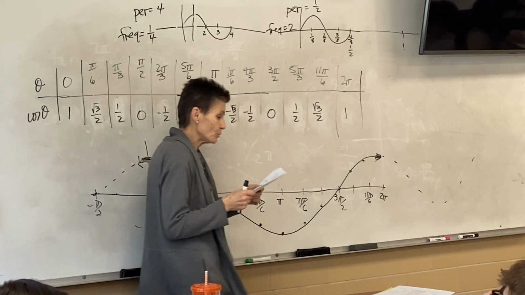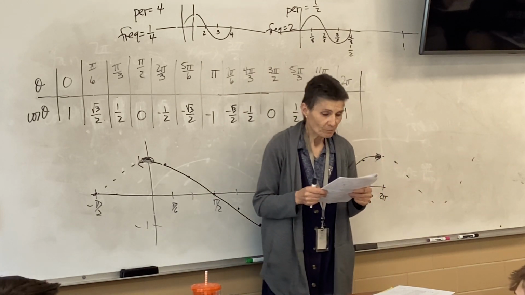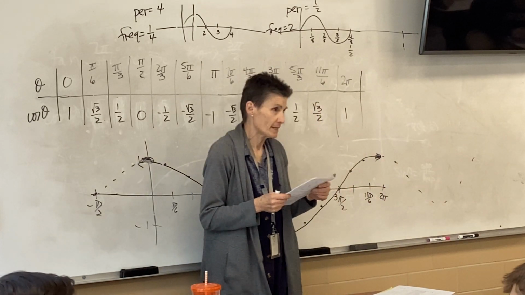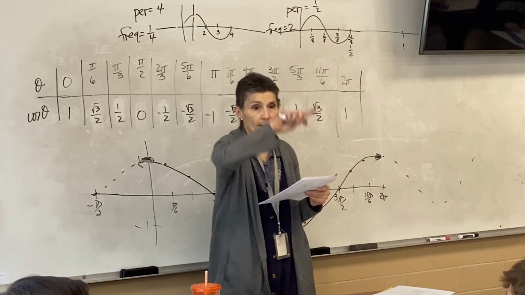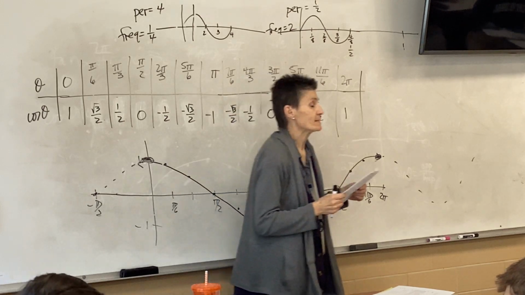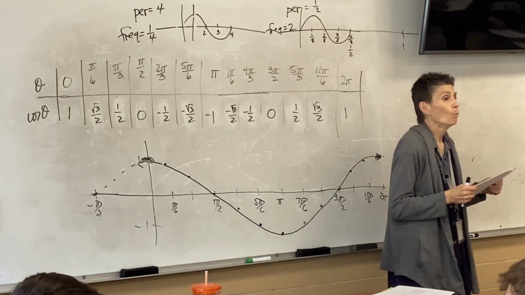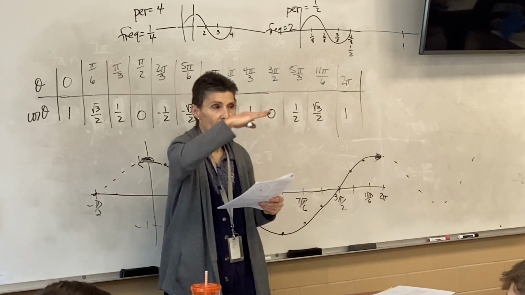Example 1, 2 periods are shown. Okay, so what is the period of this function? Pi. Hill, valley, 1 pi. What's the frequency then? 1/pi. What's your midline this time?